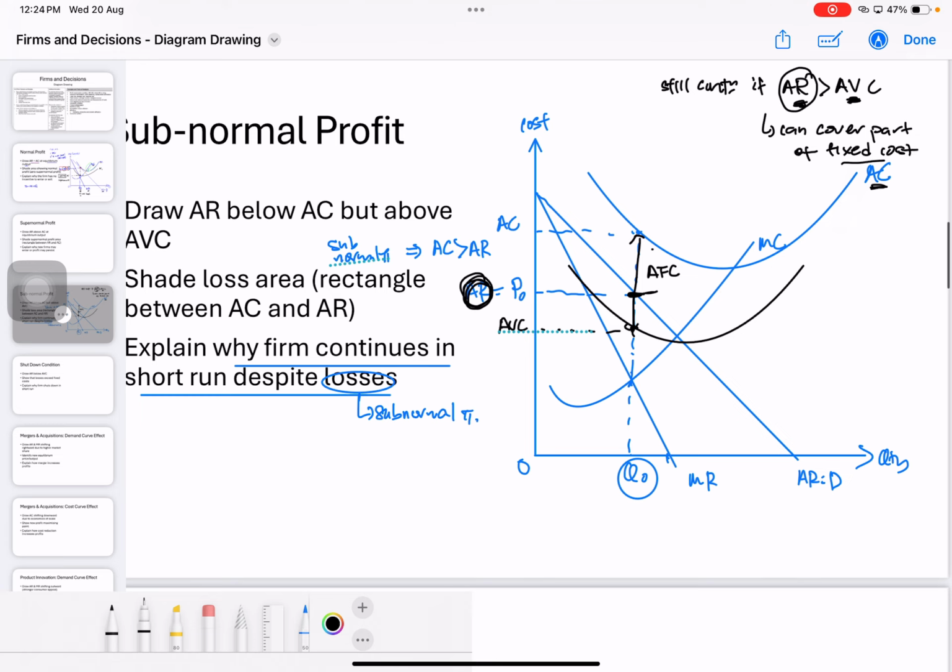Reason is because fixed cost means that whether you produce or not produce, you have already incurred the cost. That is why when AR is more than AVC, it is good because the revenue can cover all of the variable cost and part of the fixed cost. So you continue production. Okay?